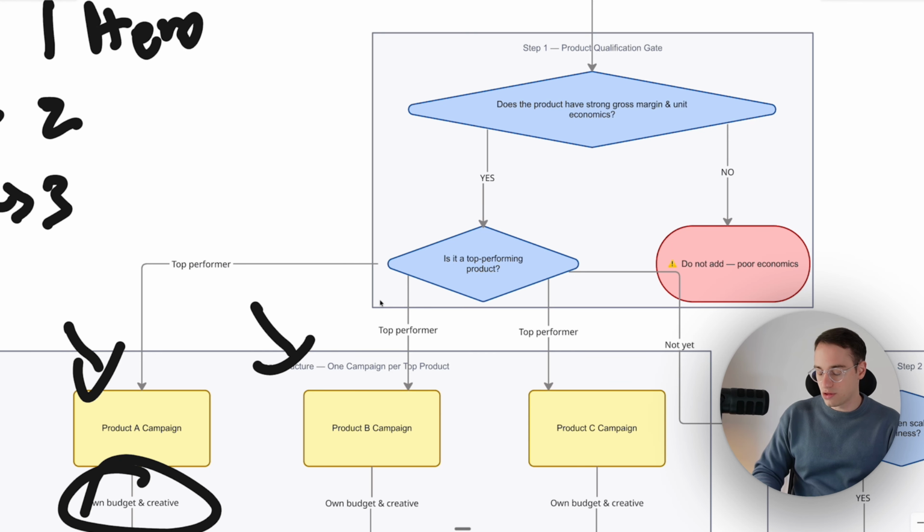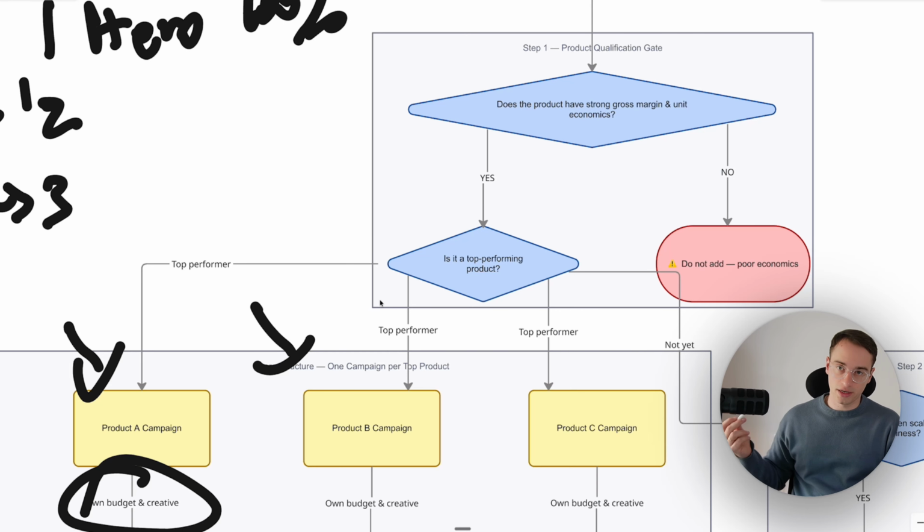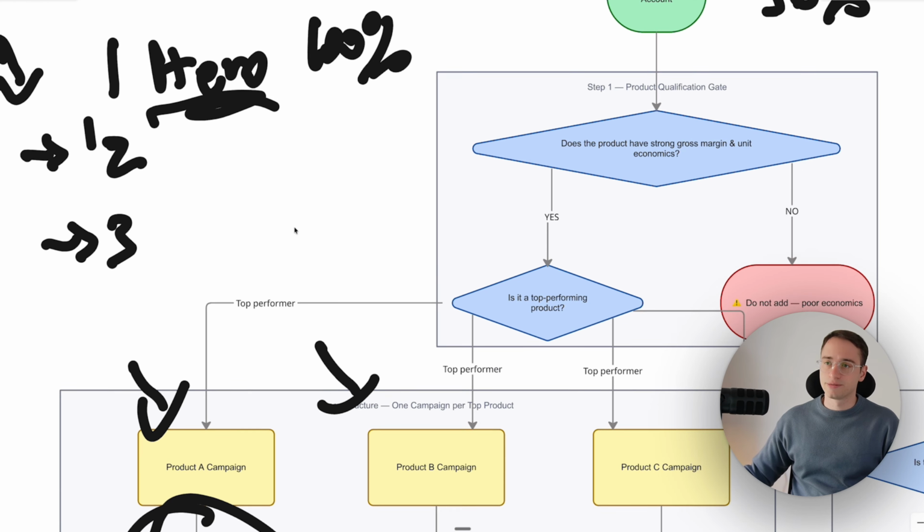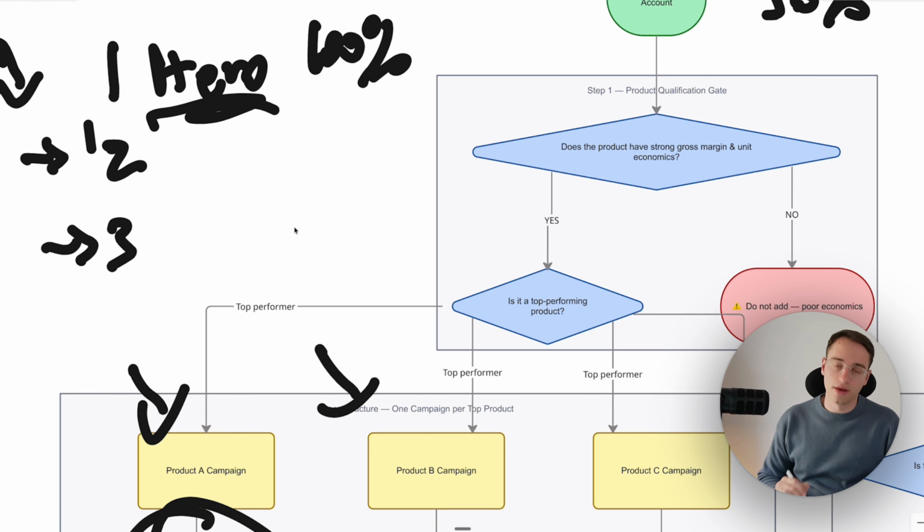Before, this had 100% of the total spend. So in my opinion, we need to add more spend just to test the new products, because the hero product has driven the scale, has driven the business so far. We don't want to start pulling away spend and learning from that, especially if we are in a decent position.